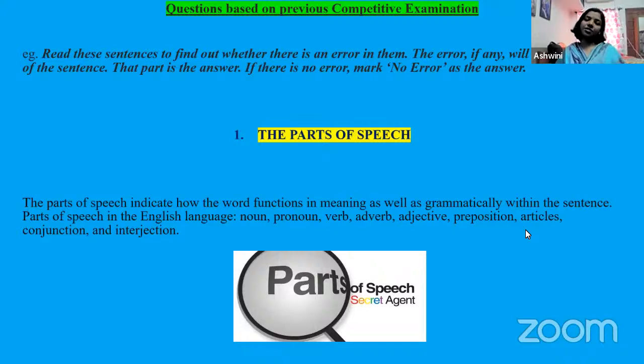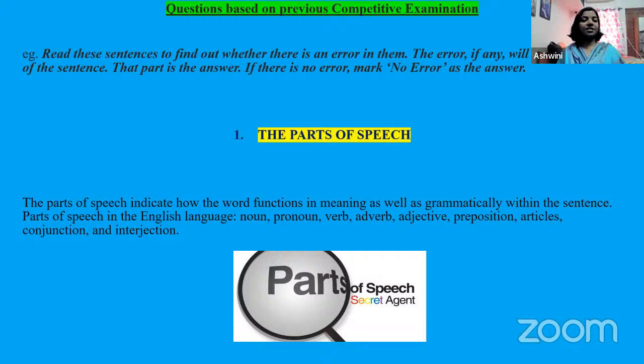Okay, now other parts of speech, I can just tell you about that quickly. The quick revision of all the parts of speech, as you know very well about the parts of speech. The parts of speech indicate how the word functions in meaning as well as grammatically within the sentence.